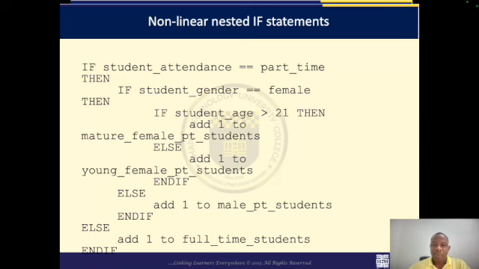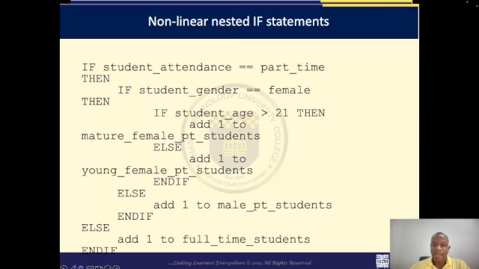However, sometimes when we want to make a very specific selection, we can put an if after an expression has been evaluated to be true. Let us look at the example that we have on the screen. We want to check if the student is a part-time student. After we have found out that the student is part-time, we want to make sure that this student is a female student.